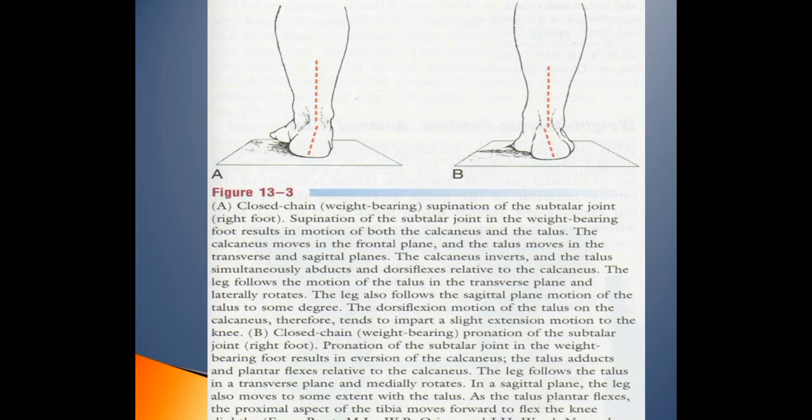This is the picture showing the closed chain, weight bearing, supination of the subtalar joint. Supination of the subtalar joint in the weight bearing foot results in motion of both the calcaneus and talus. The calcaneus moves in the frontal plane and the talus moves in the transverse and sagittal plane.